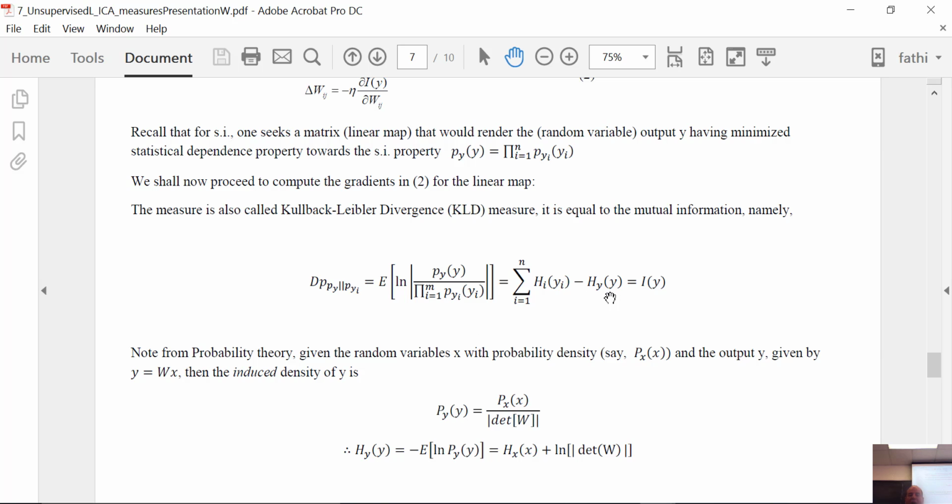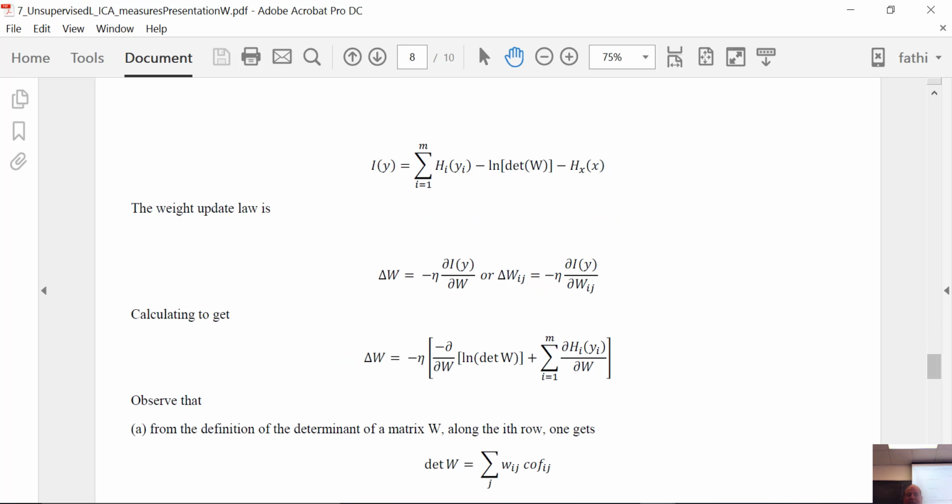So the entropy of Y is defined this way, with the natural log of p of y; you take this expression, plug it in here, and write it in this fashion. Then in your measure that you started with, you replace the entropy of Y by the entropy of X plus the natural log of the absolute value of the determinant of W.